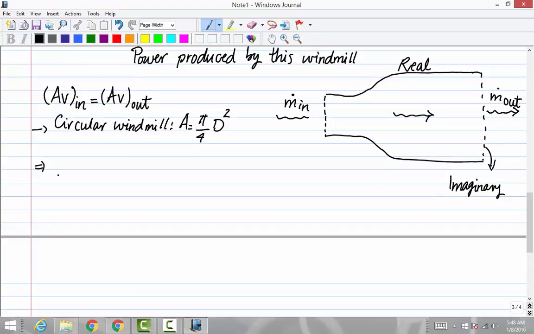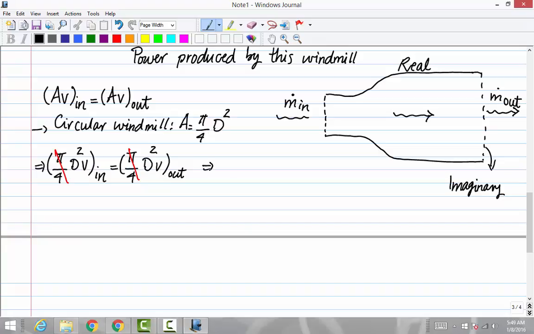Therefore, V is velocity, velocity at the inlet and outlet. Cancel, cancel.